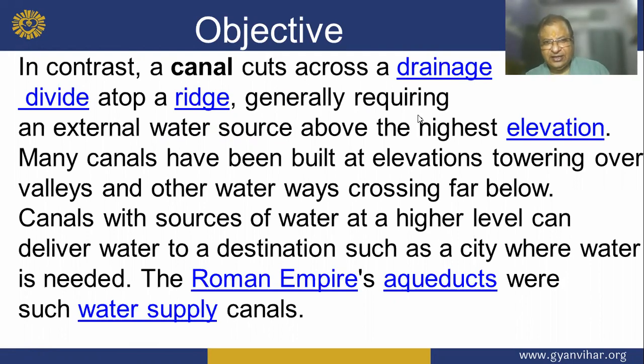Many canals have been built at elevation, passing over valleys and other waterways, crossing below canals with the source of water at a higher level, and can deliver water to a destination such as a city where water is needed. The Roman Empire aqueducts were such water supply canals.